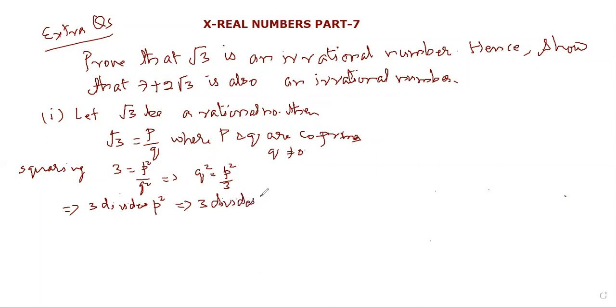When 3 divides P, we can let P be a multiple of 3. So let P is equal to 3m, where m is any integer.